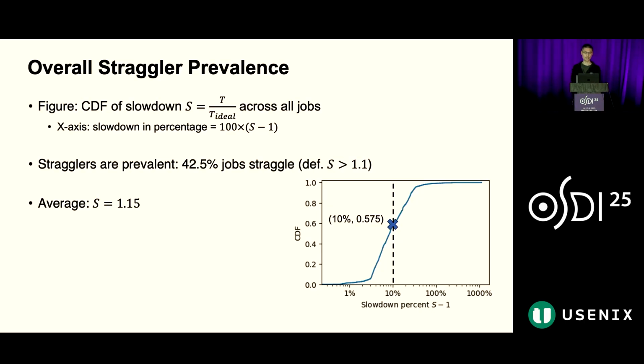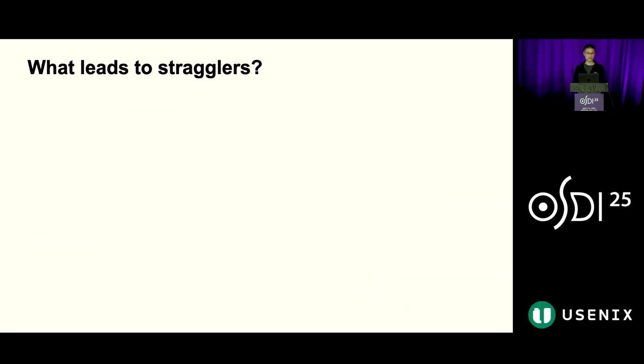On average, the stragglers have caused a 1.15 slowdown, but at the tail, they could cause a much more severe slowdown, which is 2x.